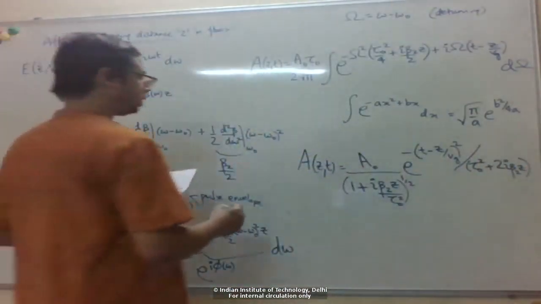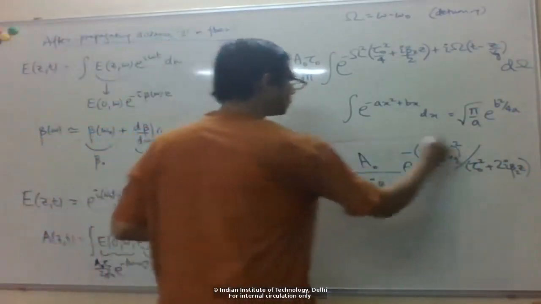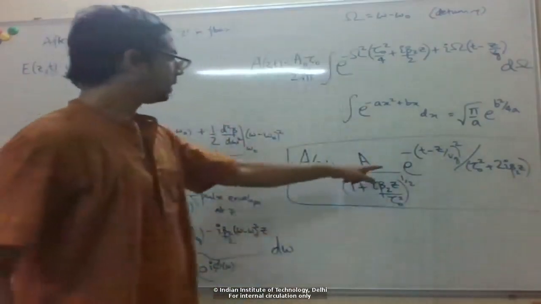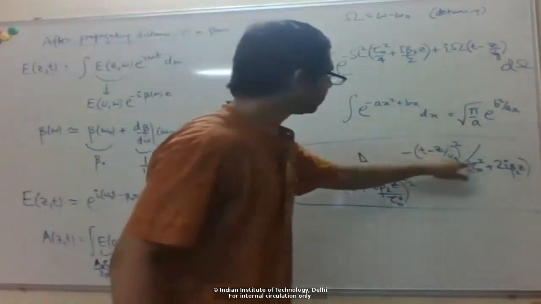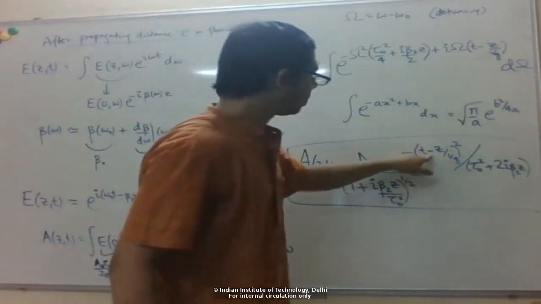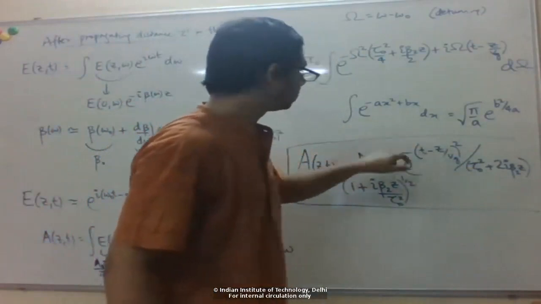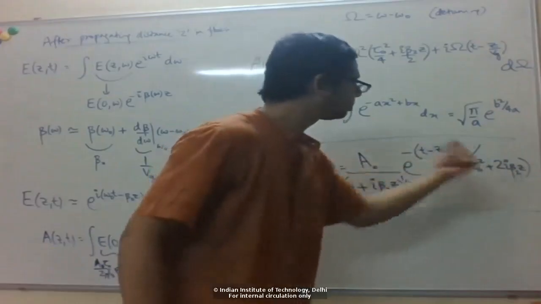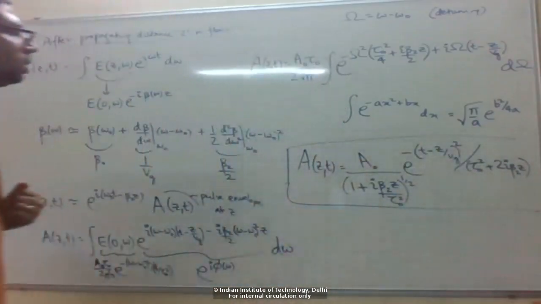Okay, so immediately some things to note here. The envelope still looks like a Gaussian, except that now it's centered at z over Vg. This is like e to the t minus t naught whole square divided by some constant.